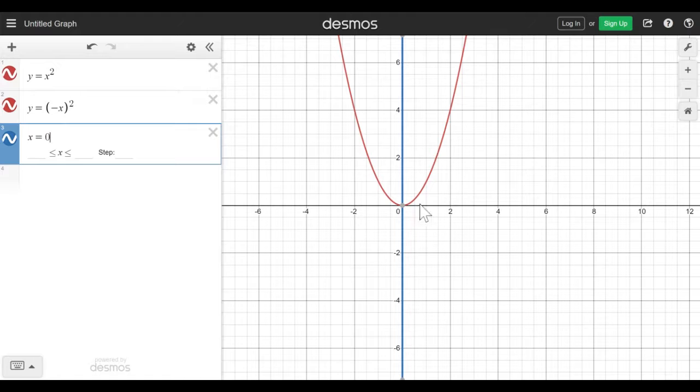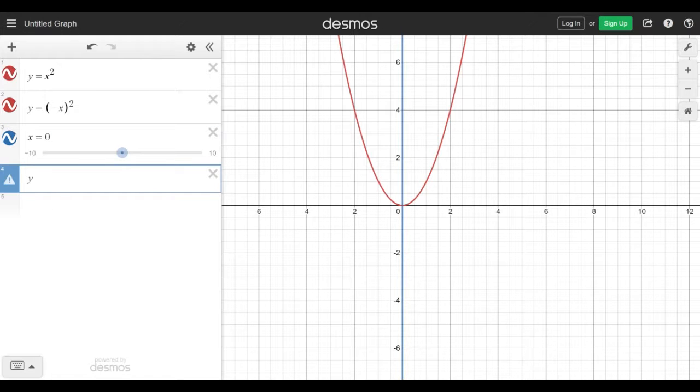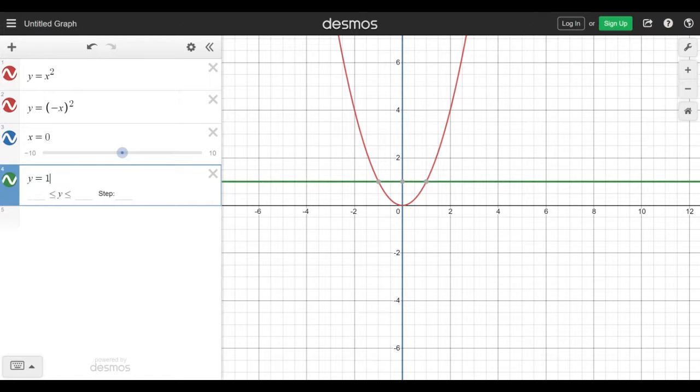So as you can see, symmetry can be defined actually as, I'm going to cut this with a horizontal line. It's the distance or the symmetry of the line or line of symmetry. It's actually the distance from that line going to the curve. It's the same distance going to the other side of the curve. So from here going here.